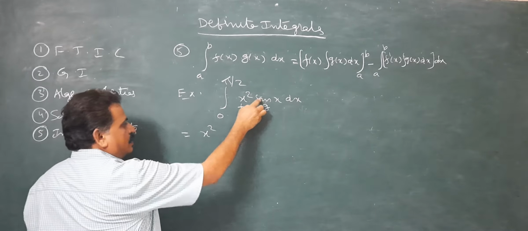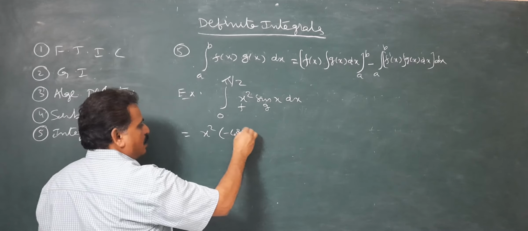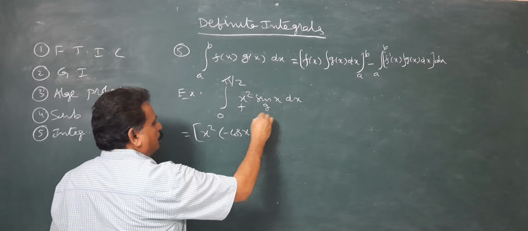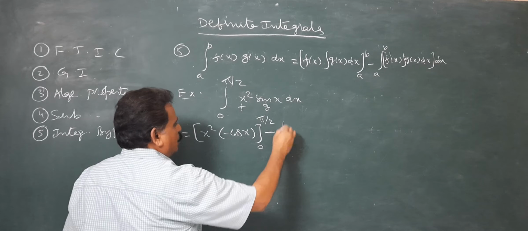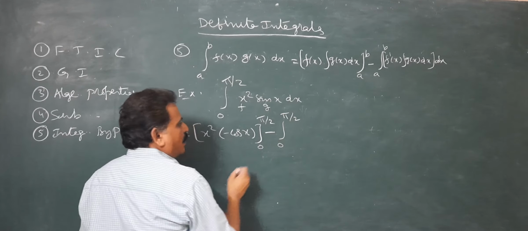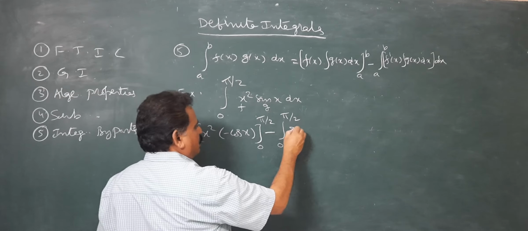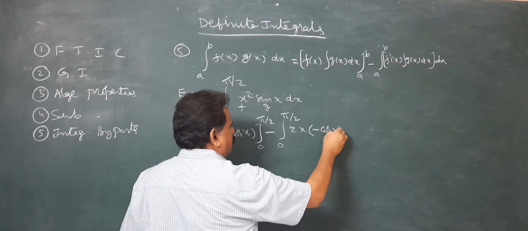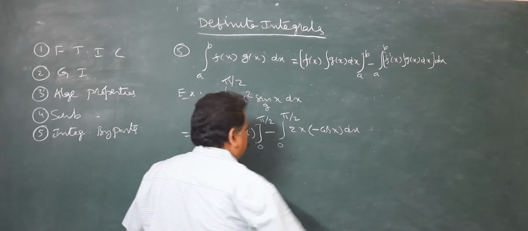f(x) integral g(x): sin x integration is minus cos x, over the limits 0 to pi by 2, minus the integral from 0 to pi by 2 of f dash x, the derivative of x square, that is 2x, times the integral of sin x, that is minus cos x, dx.